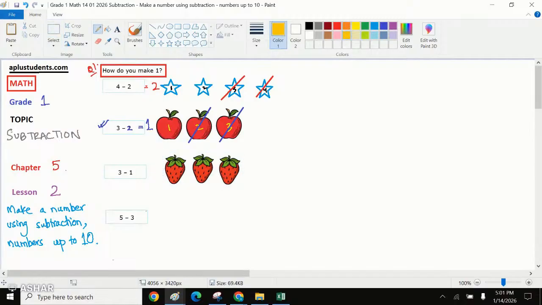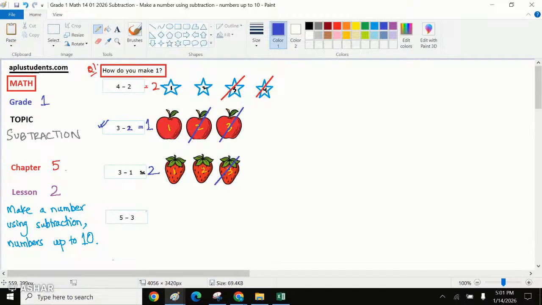We label them 1, 2, and 3, right? So 3 minus 1 means if we ate one of those, if we consumed one of those, how many are left? 1 and 2. Agreed? 2 is left. Yes, thank you so much, Princely.